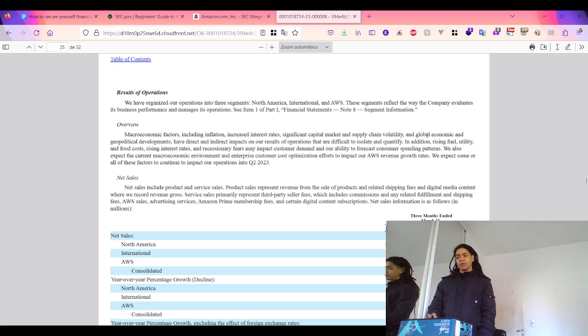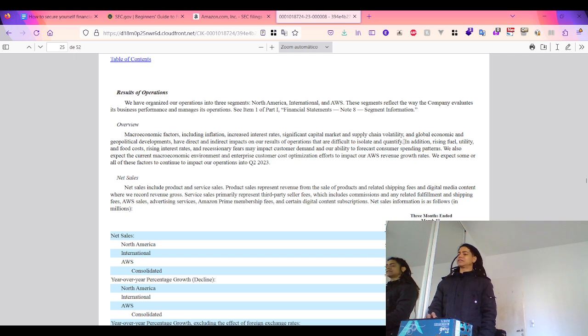And global economic and geopolitical developments have direct or indirect impact on the results of operations that are difficult to isolate and quantify. Allegedly, according to this, they consider it difficult to isolate and quantify.